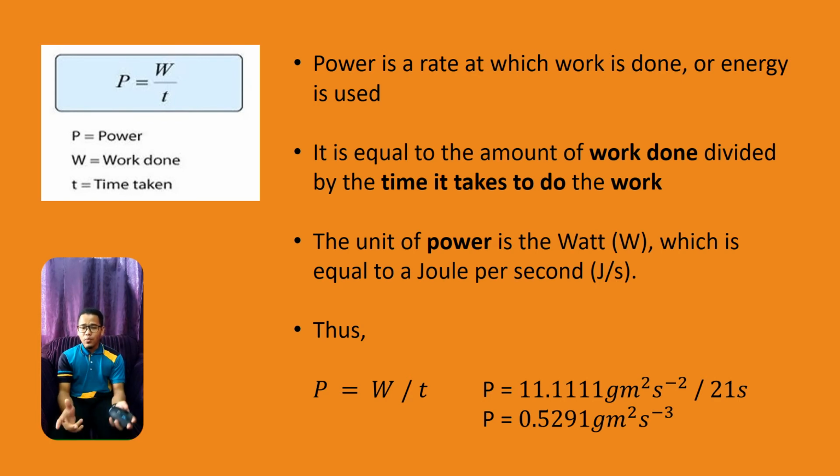Thus, the formula for power is P equals work done W over the time taken T. Therefore, P is equal to 11.1111 gram meter squared per second squared over 21 seconds. Therefore, we should get the value of the power, which is P equals 0.5291 gram meter squared over second cubed.